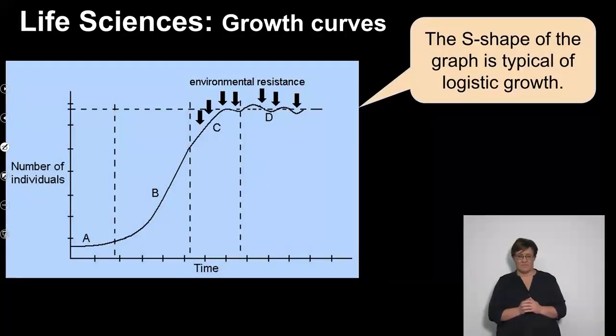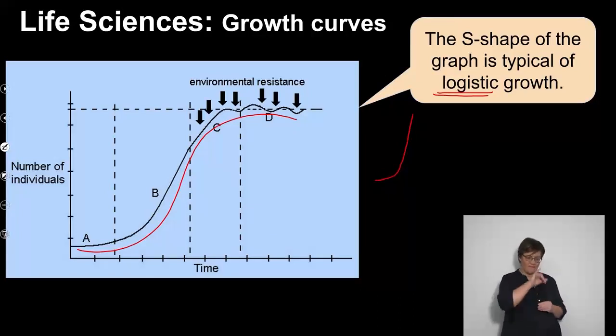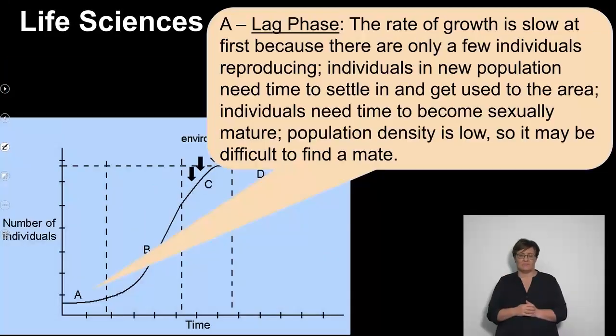And this S-shaped graph is typical of logistic growth. So if you're looking at two different growth curves and you see one has a J shape and one has a more S shape, you know that the logistic growth curve is going to be your sigmoid or S-shaped graph.